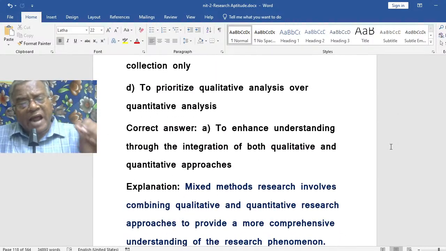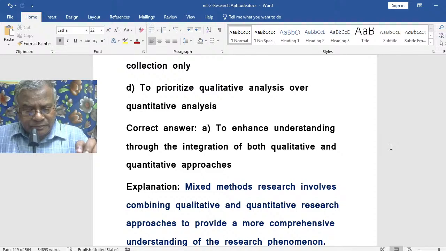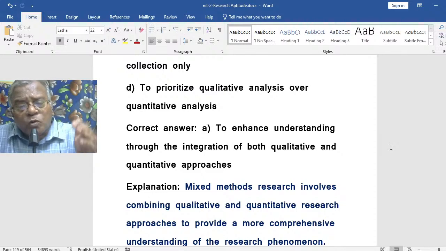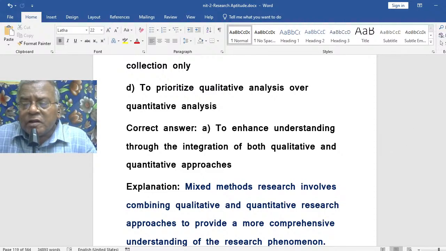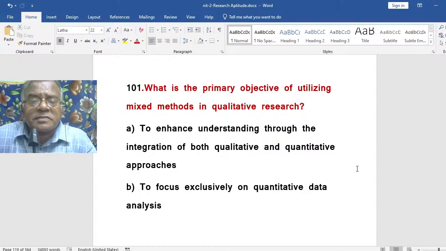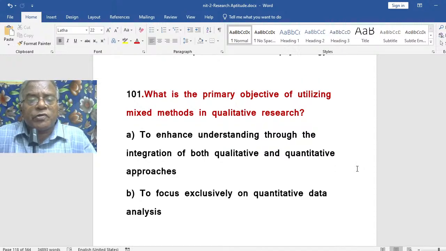That is to enhance understanding through the integration of both qualitative and quantitative approaches. So that is the right one. That is the primary objective of utilizing mixed methods in qualitative research.